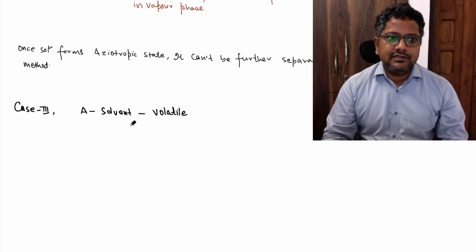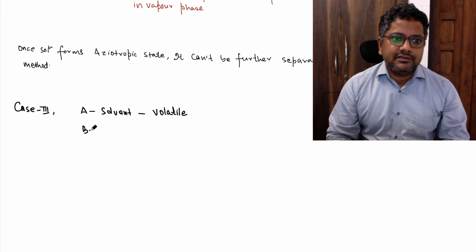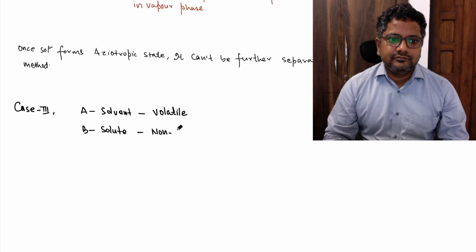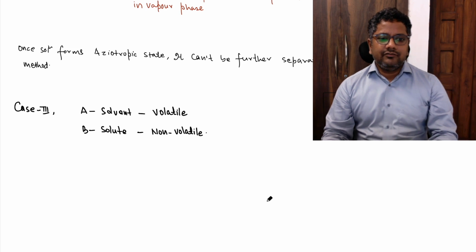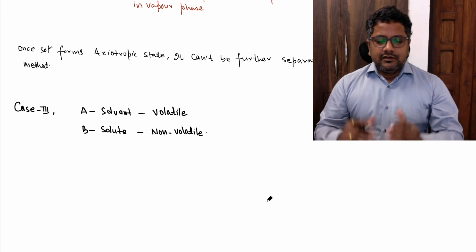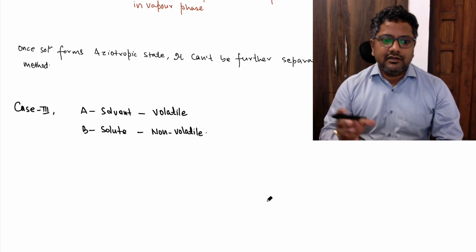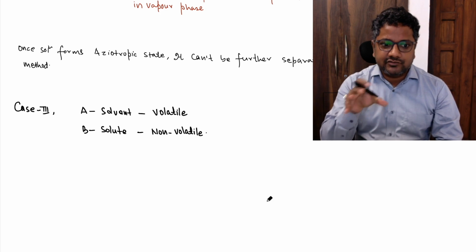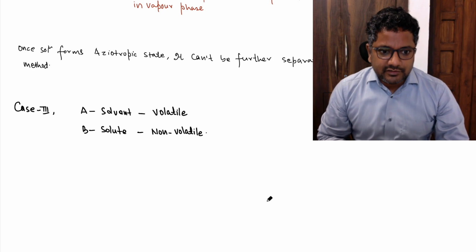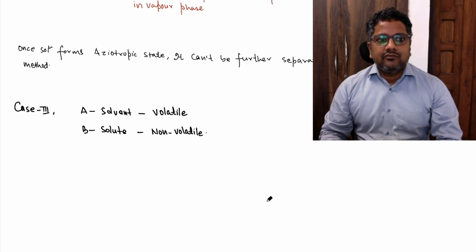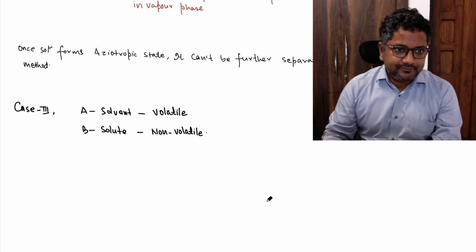And B is solute, and it is non-volatile. So now we want to study the effect on vapor pressure when a non-volatile solute is mixed into the volatile solvent, right?